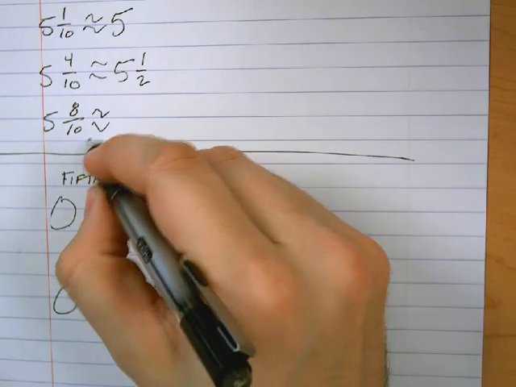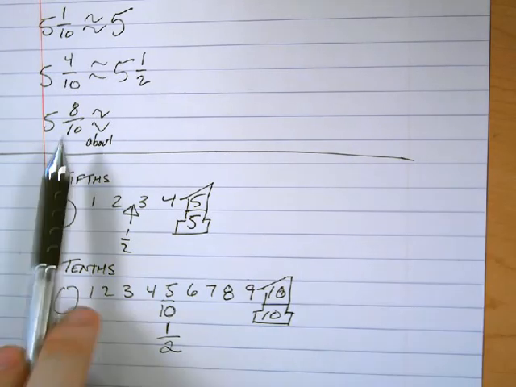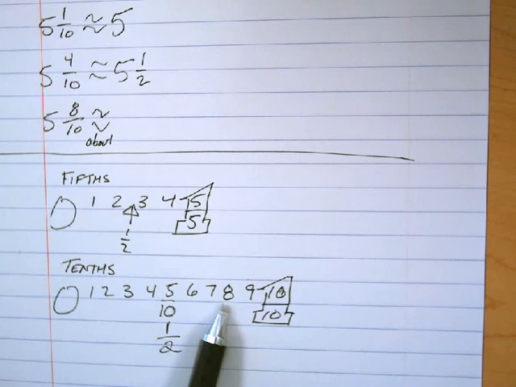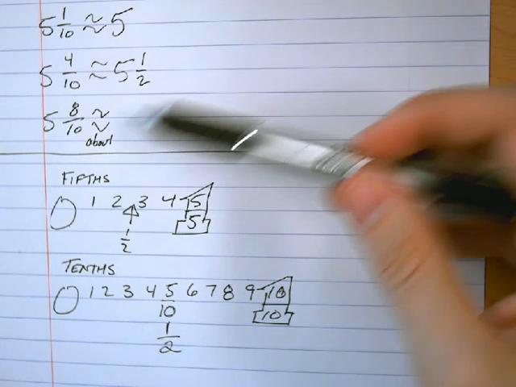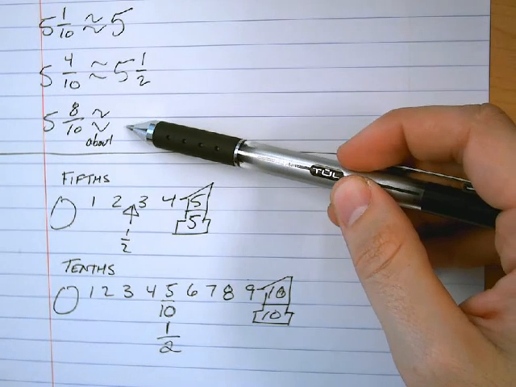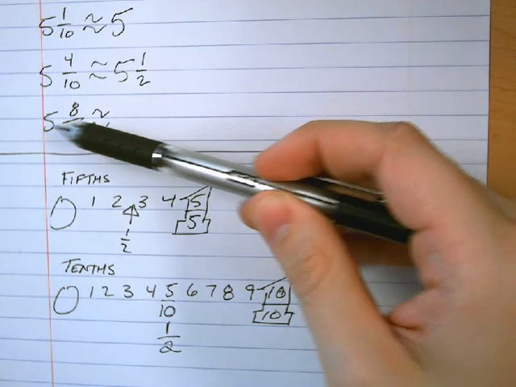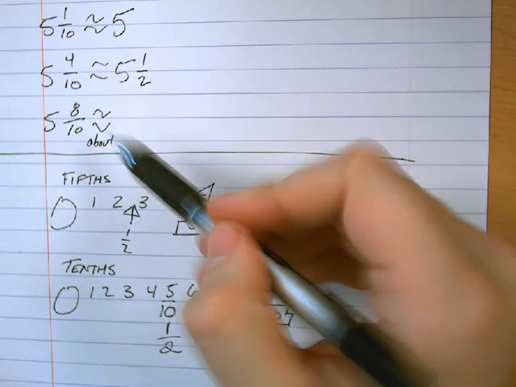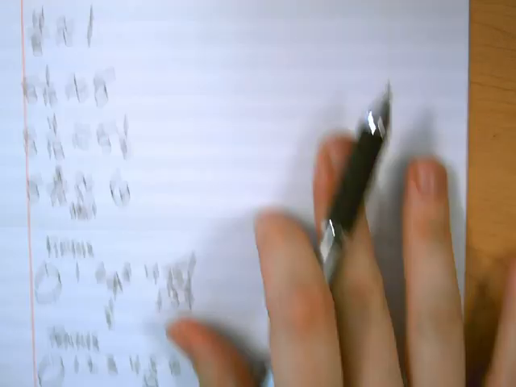This means about, it's about a half. Close to. Estimated to be. So what if it was 5 8/10? Well, I'm between a half and 1 whole, but I'm more than halfway to 1 whole, so I'm going to bump it up. 8/10 is close to a whole, so would I round this whole thing to 1? No, that doesn't make sense. It's 5 and something. This is going to be 1. 5 and 1 make 6.